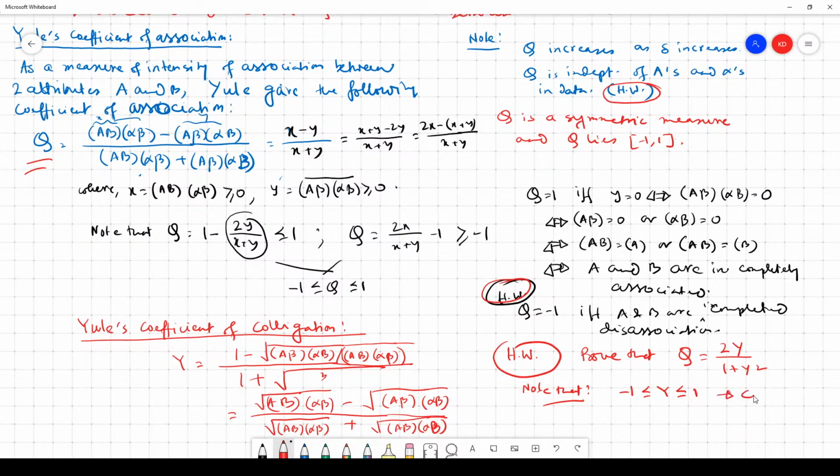Please check. This is another homework. Also comment on when y equal to +1, then A and B are completely associated, and y equal to -1 completely disassociated. So please do all this and submit within a week.